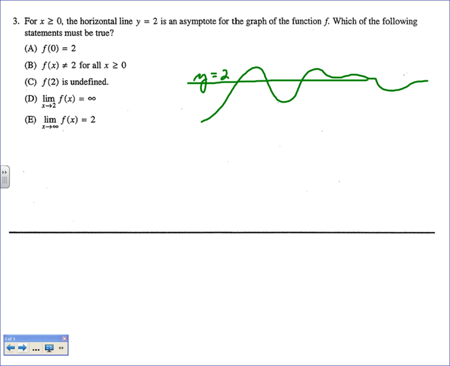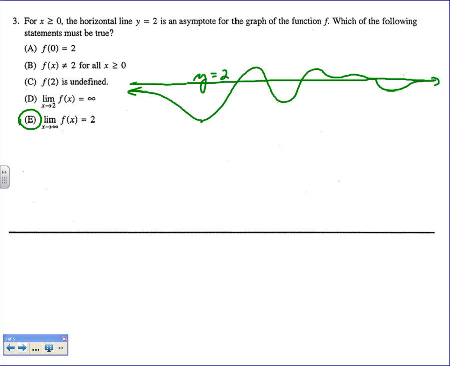It's just that eventually it's got to be headed towards that asymptote in the long run in both directions. So E is saying exactly that. As x gets very large, the function is going to 2. It's got 2 as its target.